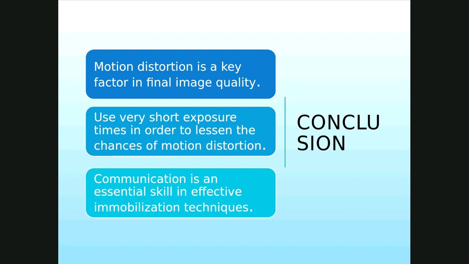Always try to use very short exposure times to lessen the chance of motion distortion, and communication is your best choice. Short exposure time always, but communicate with your patient. Tell them what you're trying to accomplish, why you're trying to accomplish it. It's for them, for their image, for the radiologist. But if you communicate that effectively, they usually will do their very best to work with you.